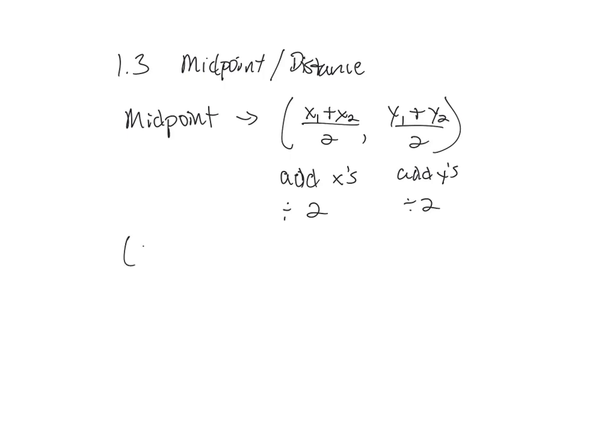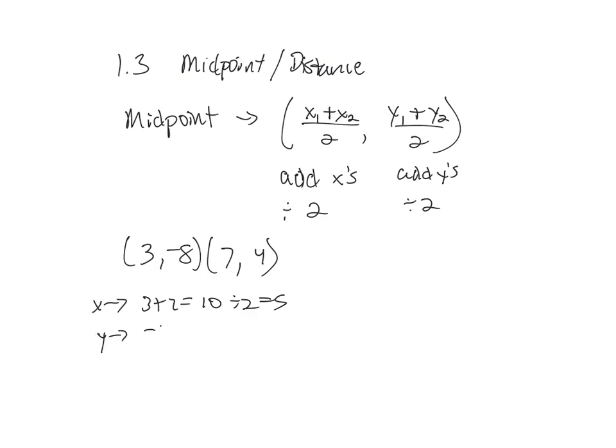So if we had 3, -8, and 7, 4. So we would do 3 plus 7 equals 10 divided by 2 equals 5. So that's the x part.